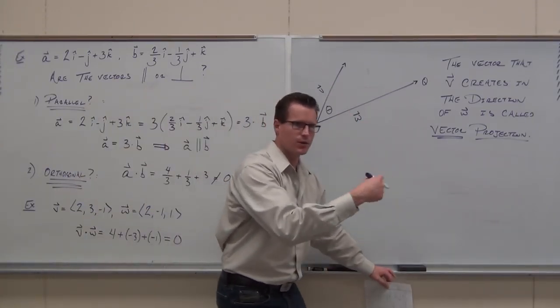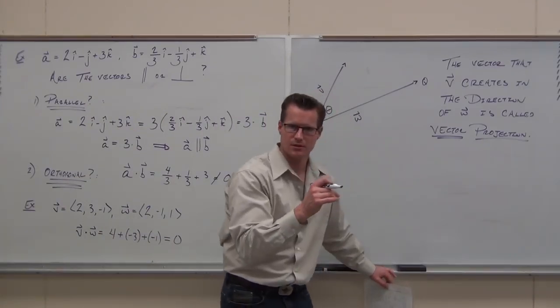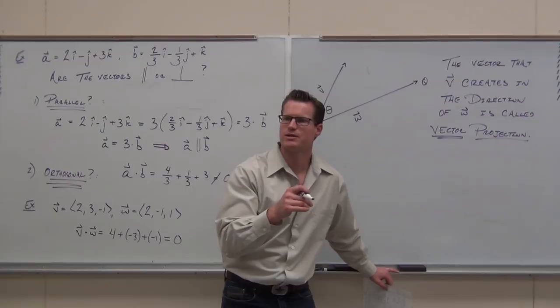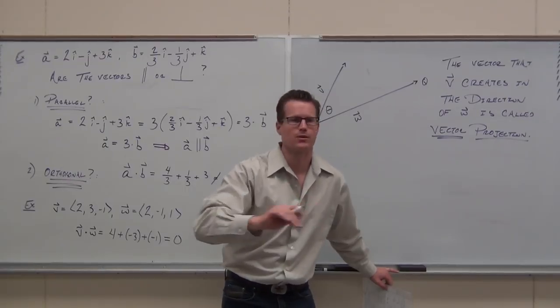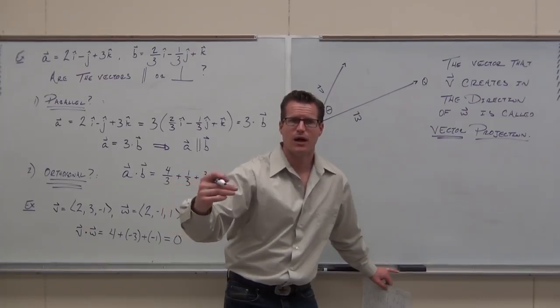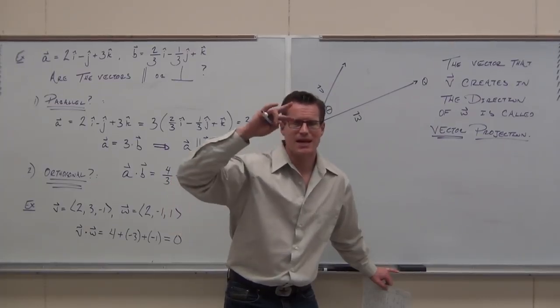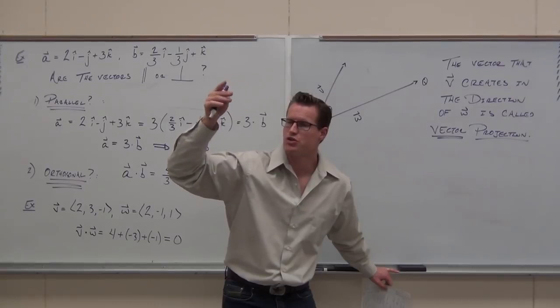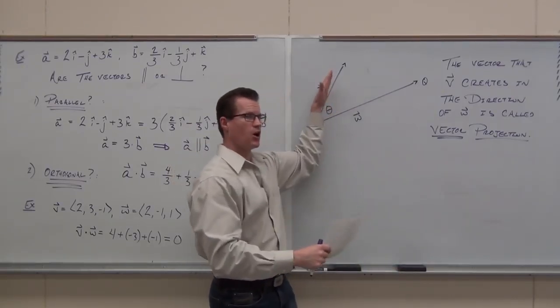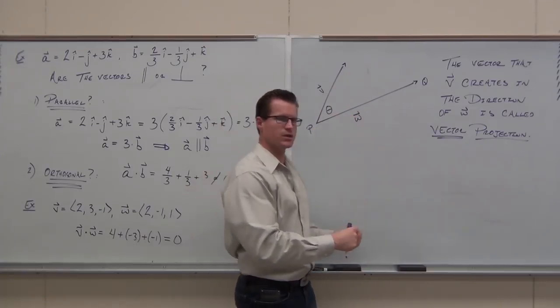How it's denoted, please get this right. I cannot reiterate enough how many mistakes happen on this problem. It's very easy. It's not even hard. It's just a little formula. But a lot of people screw it up because they have a misconception about which vector is projecting onto the other one. The vector projection of V onto W is written this way.